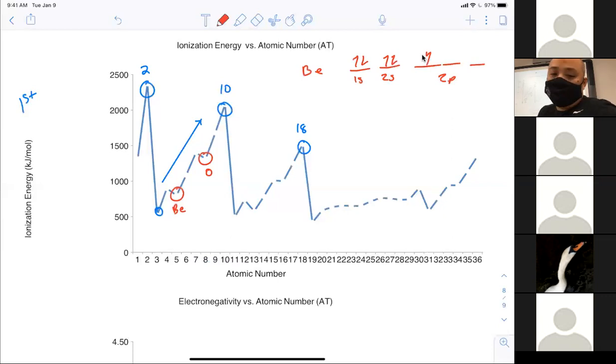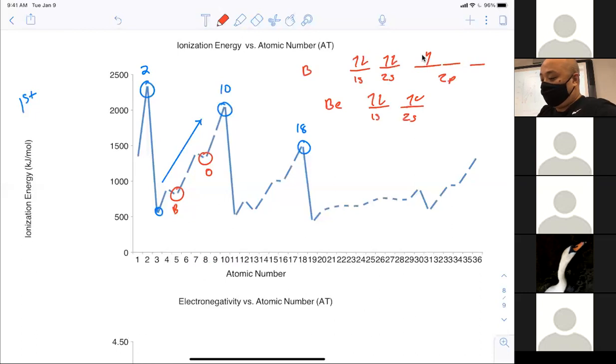Okay. So what's the benefit? Why would boron have an easier time losing an electron than beryllium? Sorry, I had them backwards. Beryllium is 1s2, 2s2. Okay. Why would it be easier to lose an electron in boron than it is in beryllium?